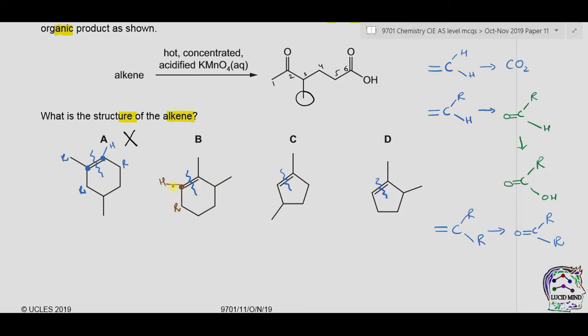For compound B, we can see that this carbon atom is attached to one alkyl group and one hydrogen atom, so it is converted into carboxylic acid, and this carbon atom is attached to two alkyl groups, so it is converted into ketone. The product formed will be like this.